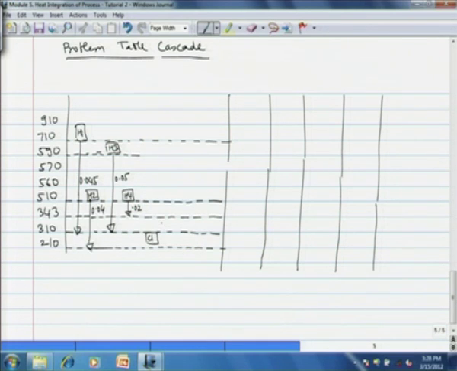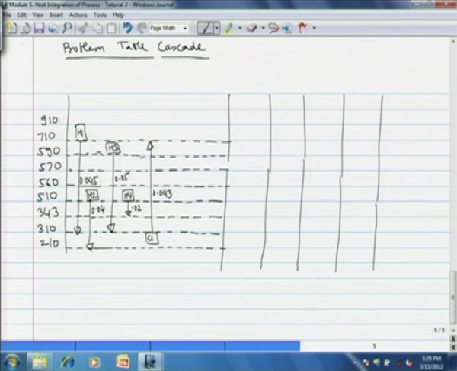streams, C1 goes from 310 to 910, with heat capacity flow rate of 0.043.